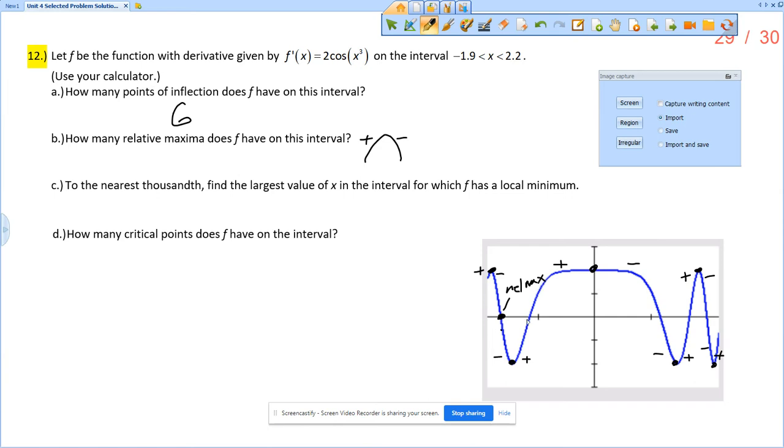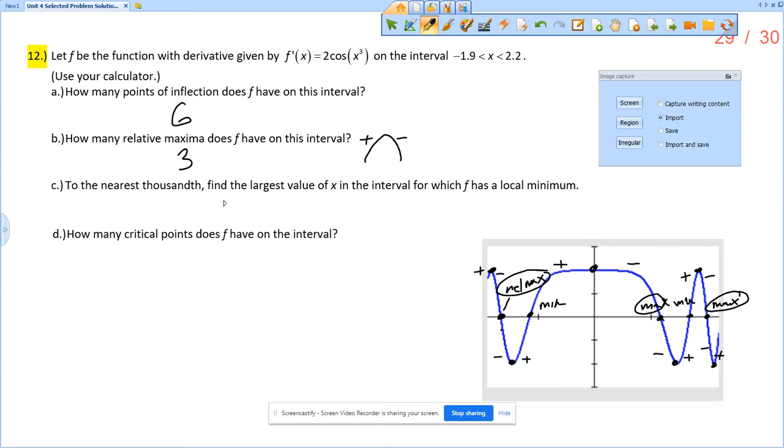This graph here is changing from below to above, negative to positive, so this would be a relative minimum. Here above to below, positive to negative, so max. Here below to above, so that would be a minimum. And here, this would be another maximum. So how many relative maxima? 1, 2, 3. So 3 relative maxima.